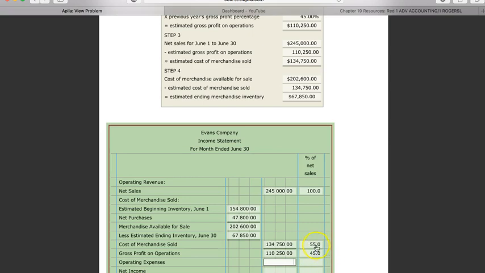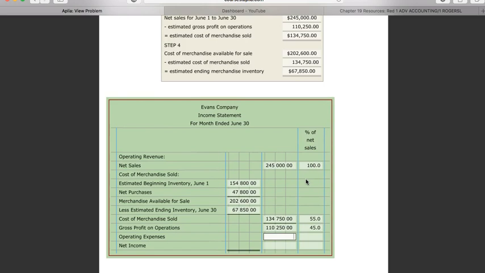So remember, these two numbers, your cost of merchandise sold and your gross profit on operations, have to equal your 100% of net sales. So if these don't equal, you know something's wrong. You've either miscalculated or done something wrong. Okay, so our operating expenses.